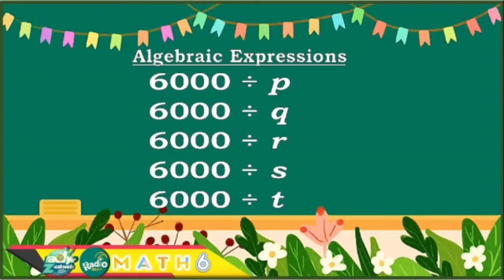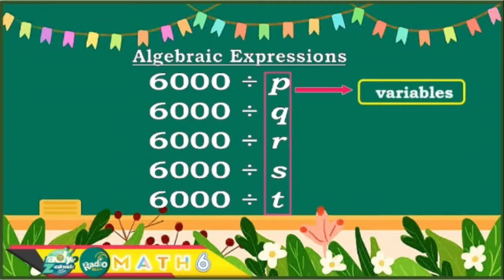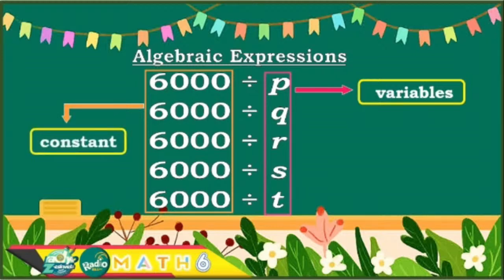The algebraic expressions 6,000 divided by P, 6,000 divided by Q, 6,000 divided by R, 6,000 divided by S, and 6,000 divided by T consist of variables like P, Q, R, S, and T, numerals such as 6,000, and operation symbols such as division.